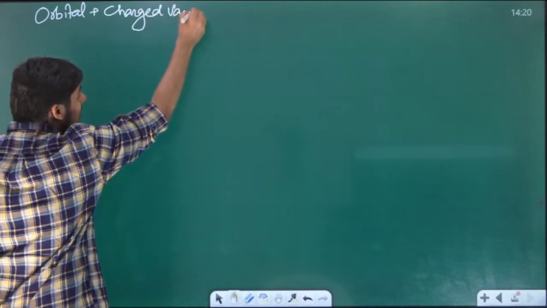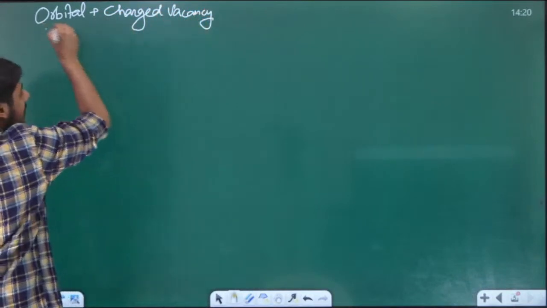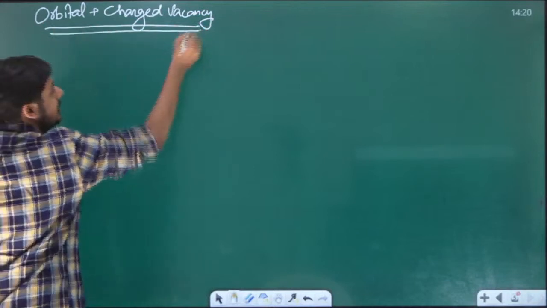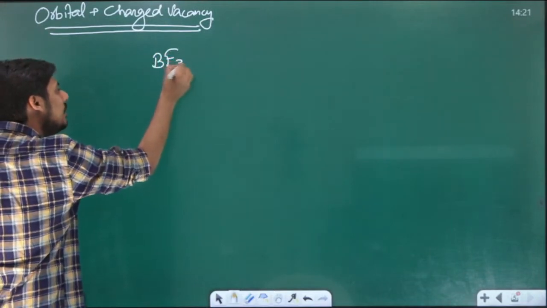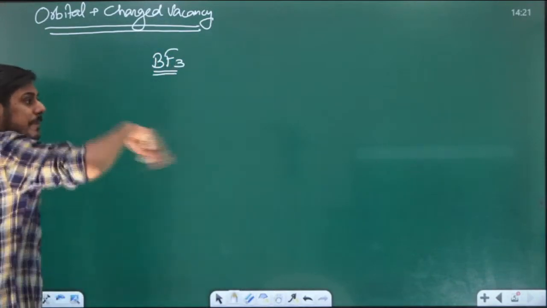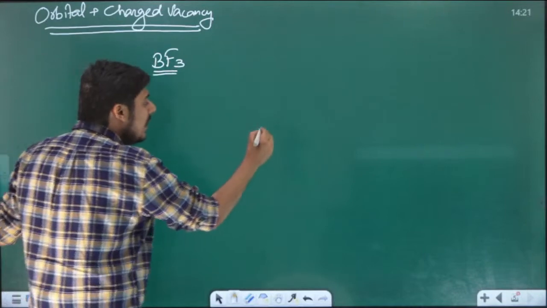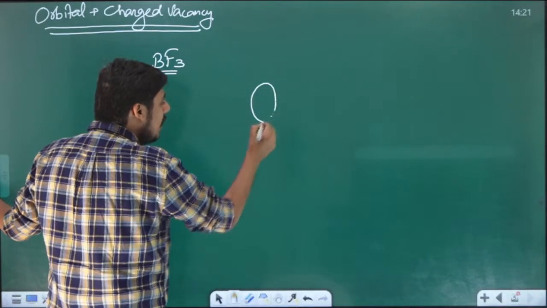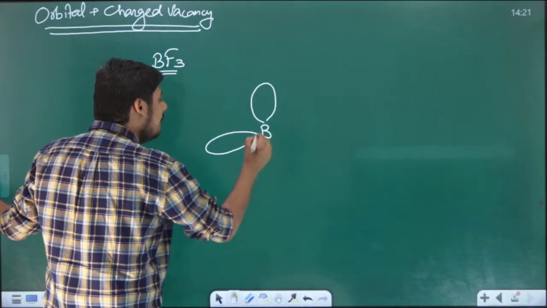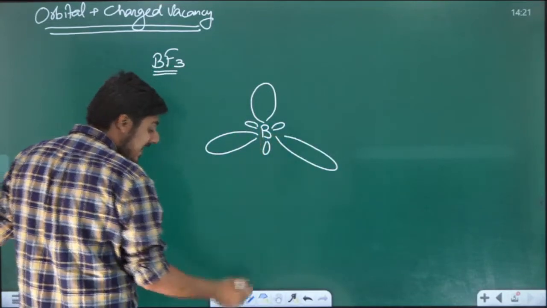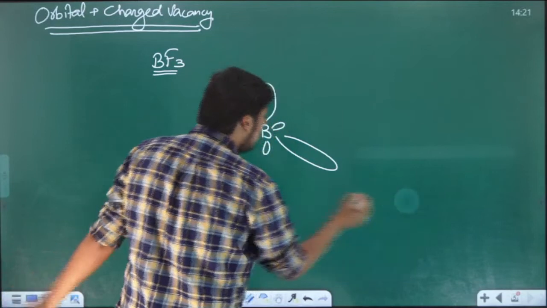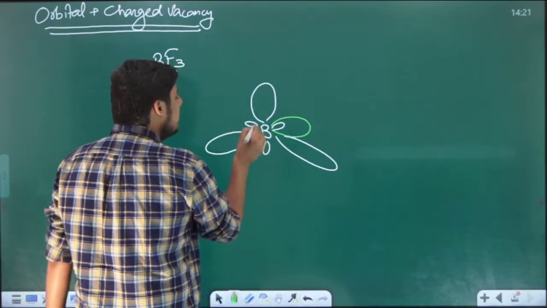Now if you look at these kinds of molecules, they will show you some interesting chemistry. A particular example of this type is basically BF3. If you have a look at the BF3 molecule, just like the previous case, boron will undergo sp2 hybridization, and after forming sp2 hybrid orbitals also, it will still have a pz orbital which is vacant.